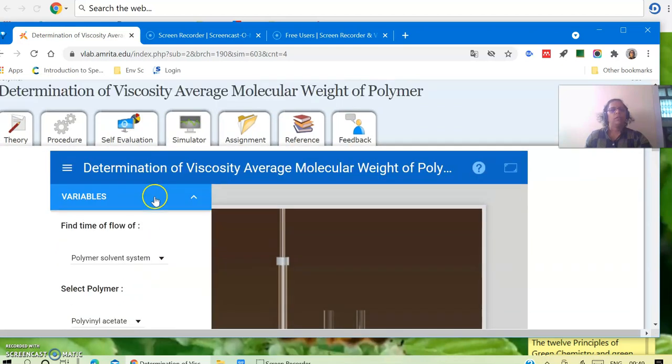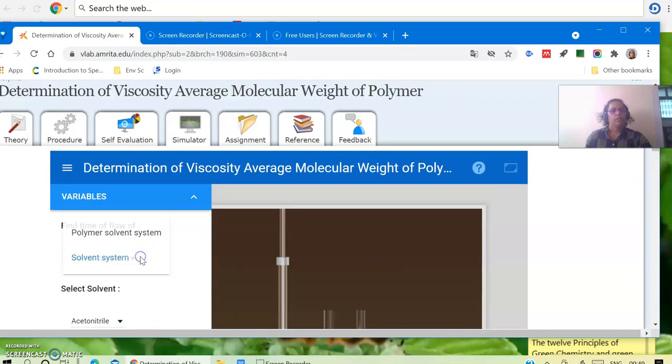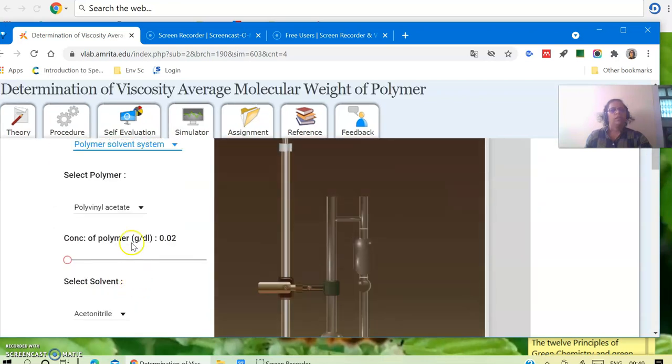Resetting means I will do the polymer solvent system now. So I will take polyvinyl alcohol because that is soluble in water, and I'll select the first concentration, say 0.2.